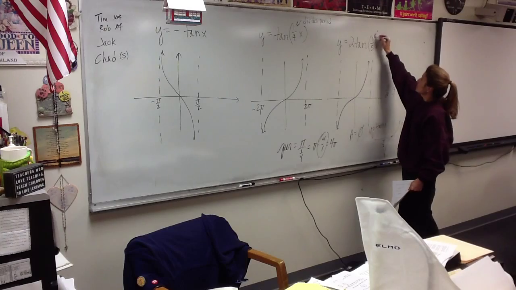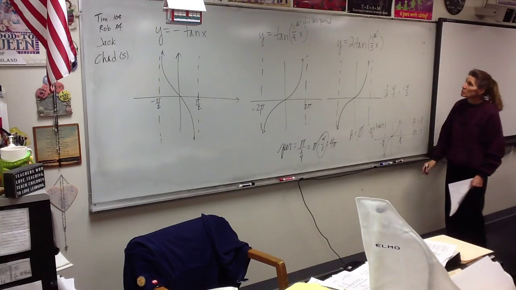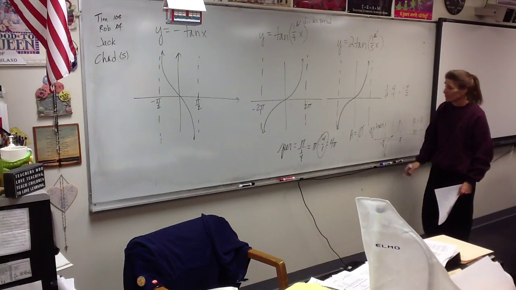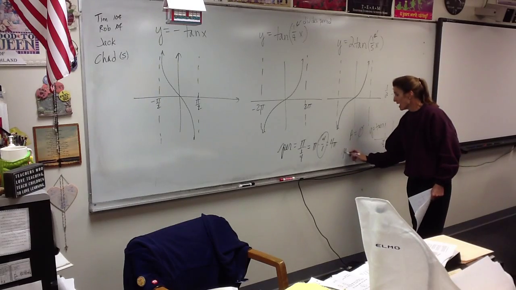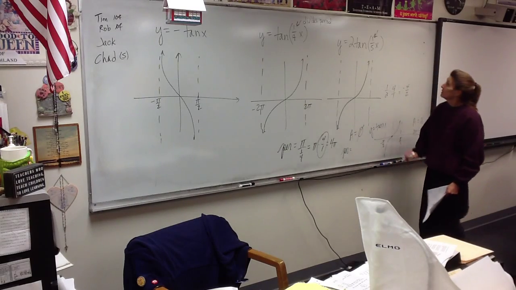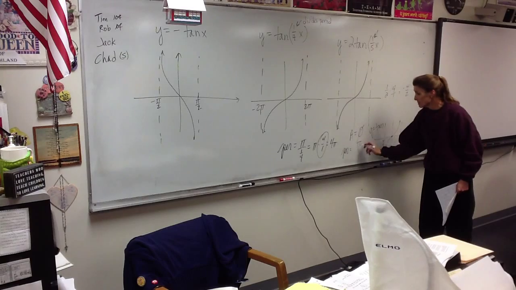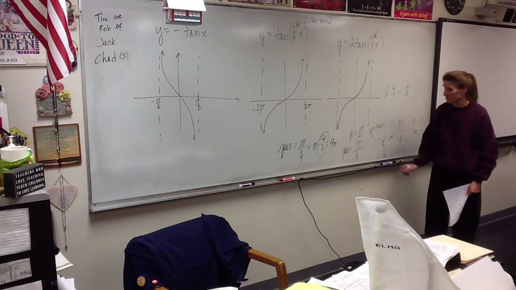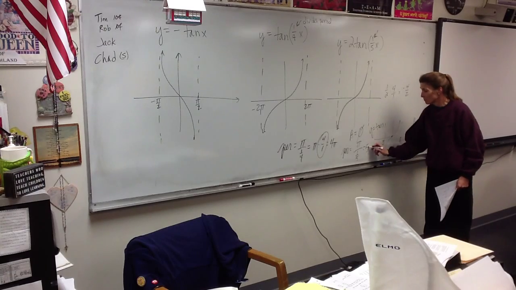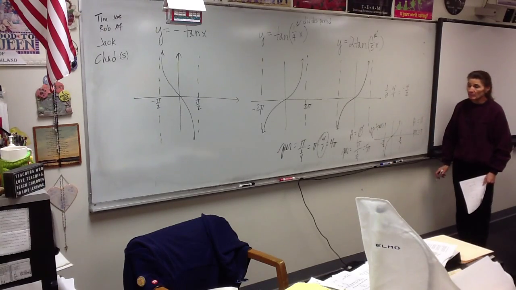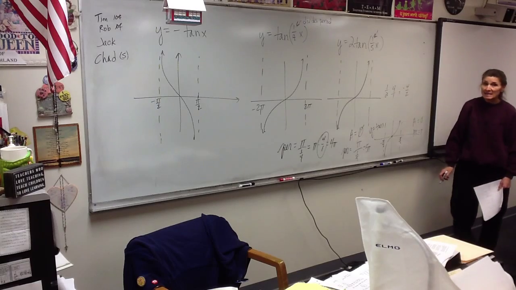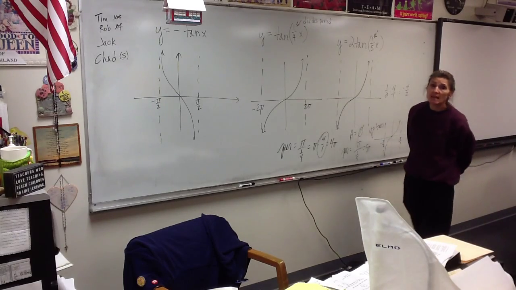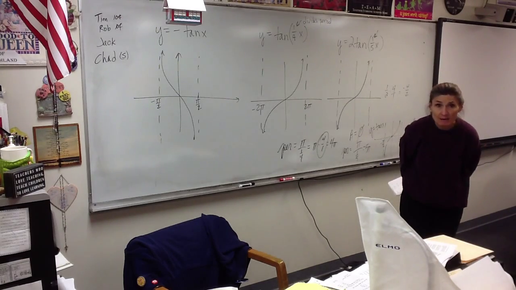This, though, you do have to worry about, because what does that number do? That number divides your period. Now, your period is supposed to be pi, but it's been divided by a fifth, which makes it now 5 pi. Because dividing by a fifth is the same as timesing by 5.